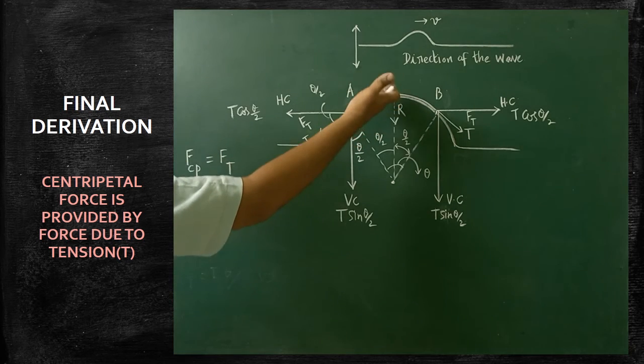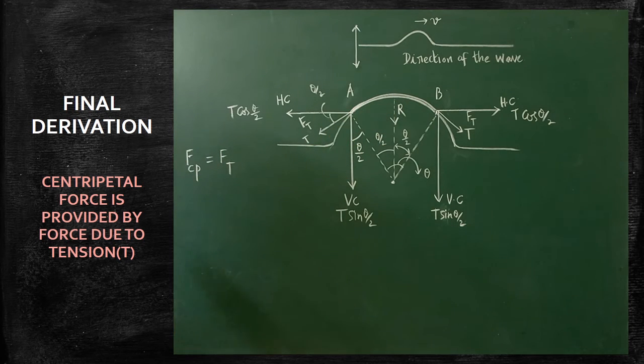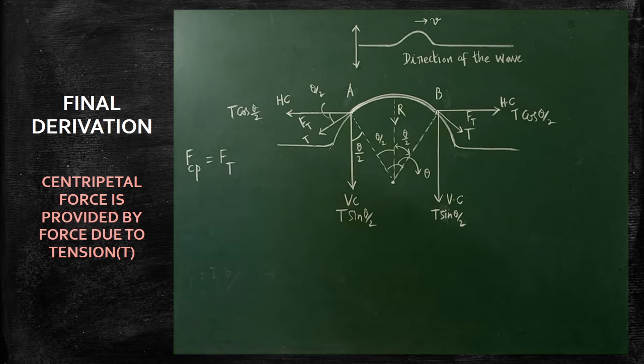In this case, the centripetal force is provided by the tension. Already we have derived the expression for centripetal force. What is the expression? Already we have written mu dl v square divided by r, which is equivalent to T theta. That is the expression. Are you clear?